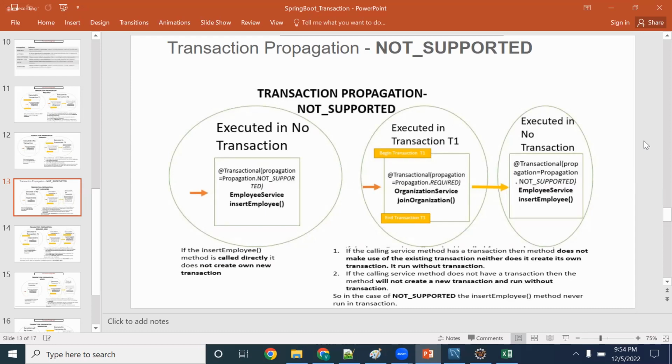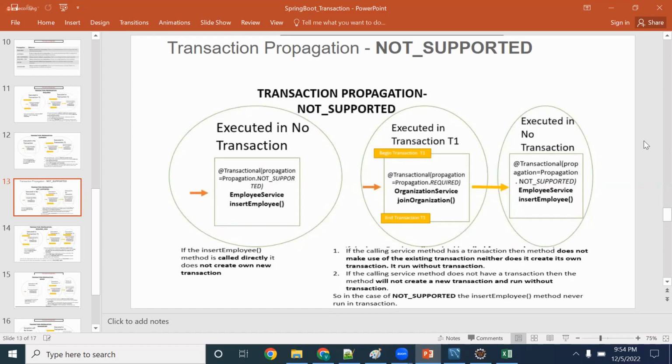If parent doesn't support, child doesn't support. In case of not supported, even though you write the transaction object at parent level and child level, if you are writing not supported, it will ignore the transaction object. Employee will never participate in the transaction.